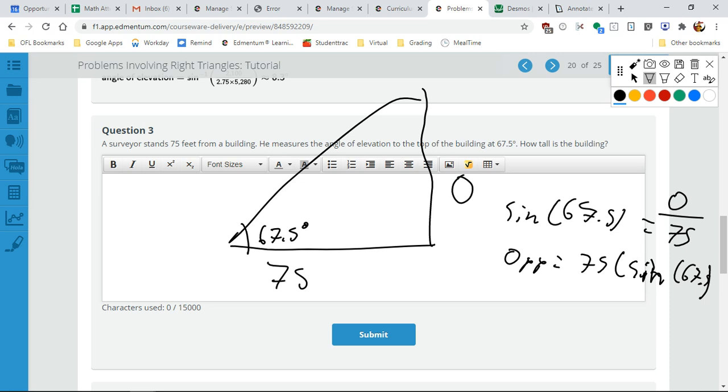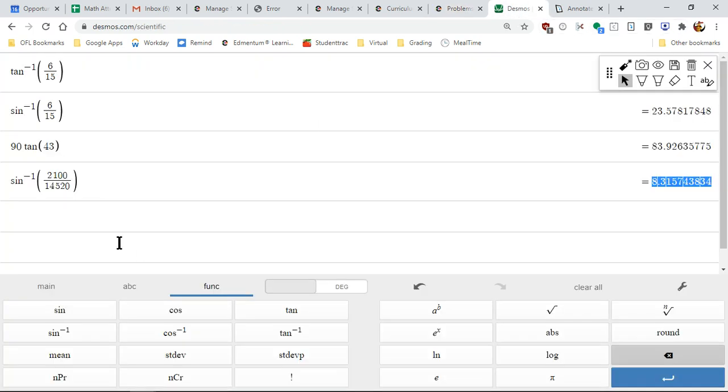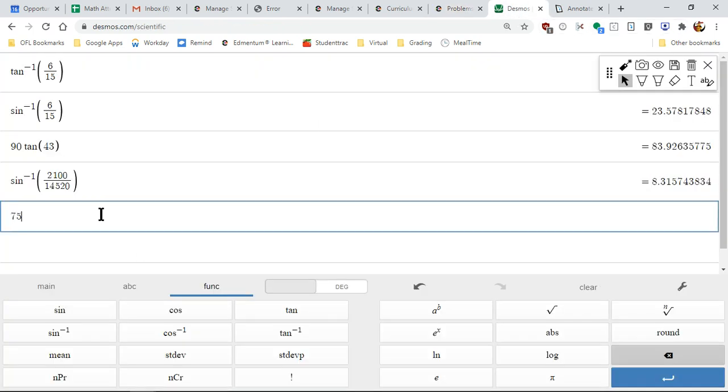Cool. So let's put this into Desmos. 75 sine. Apparently typing in sine doesn't work, so click it. 67.5. Oh my gosh, I keep hitting the parentheses by accident.